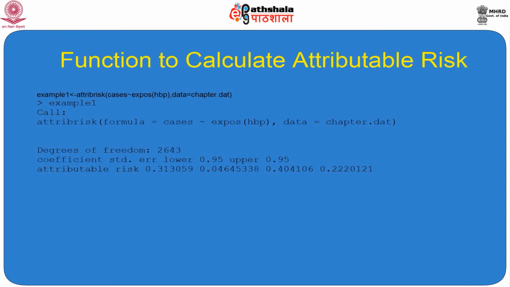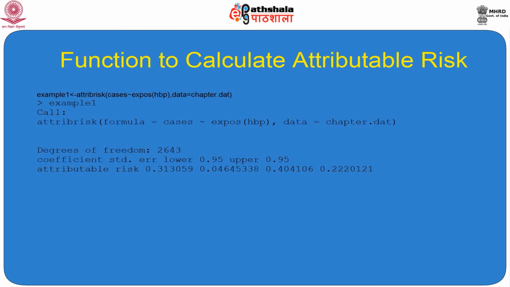Now the function to compute the attributable rates: this example 1 is assigned here with attrib rates, where cases follows exposure of HBP is considered here, and data equals chapter.dat is used to calculate the attributable rates.